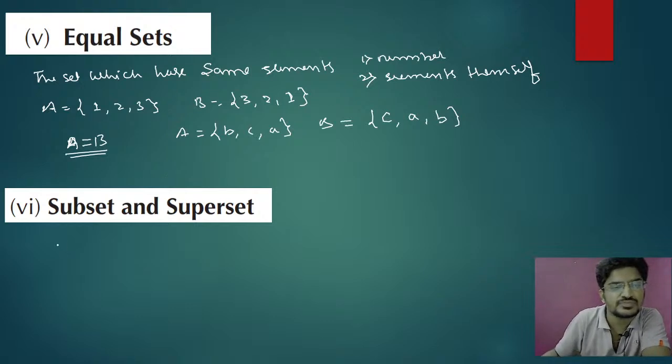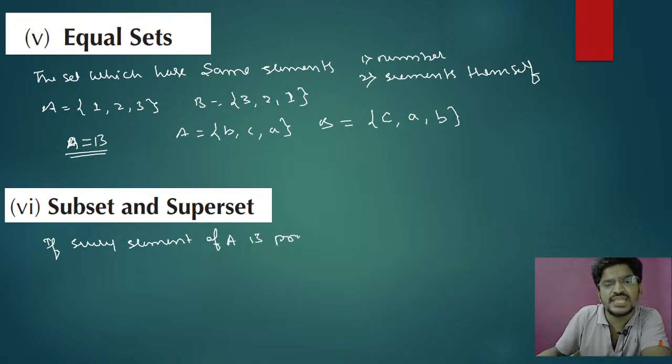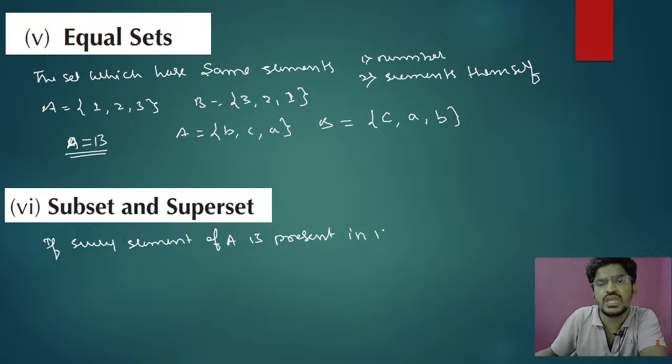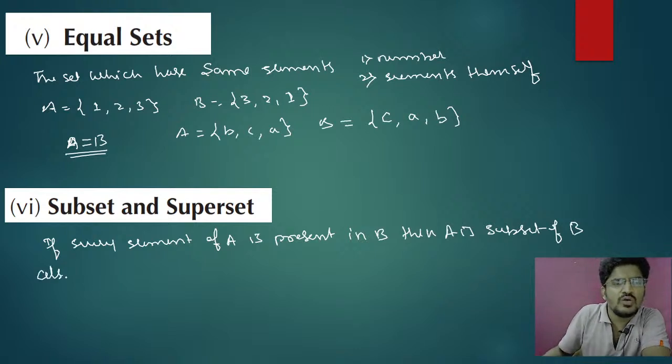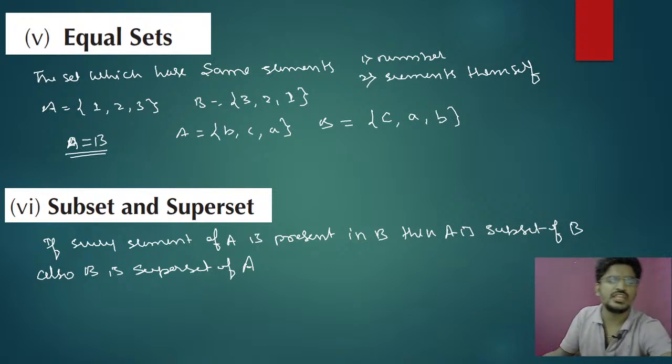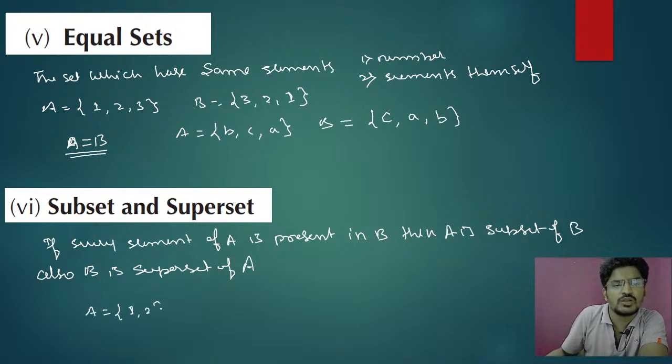Here you can just see, if every element of A is present in B, then A is a subset of B. Also B is a superset of A. That means every element of A must be in B. For example, A I will take as {1, 2}, B I will take as {1, 2, 3, 4}.